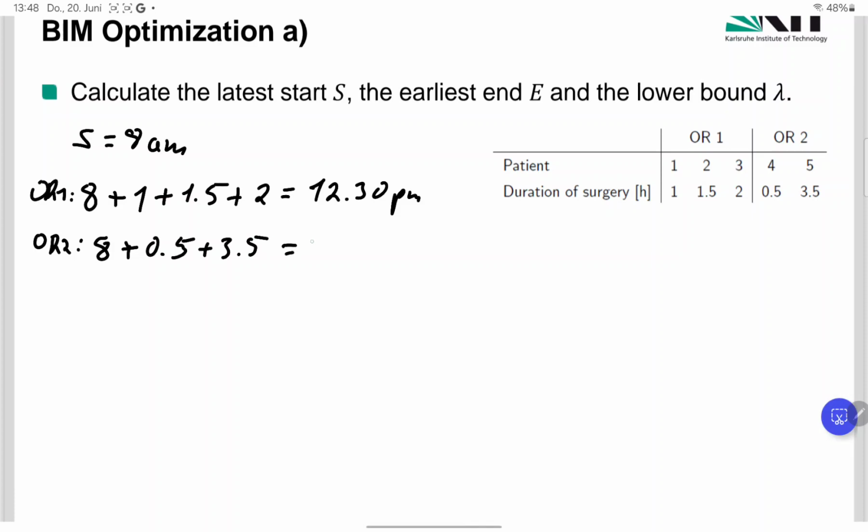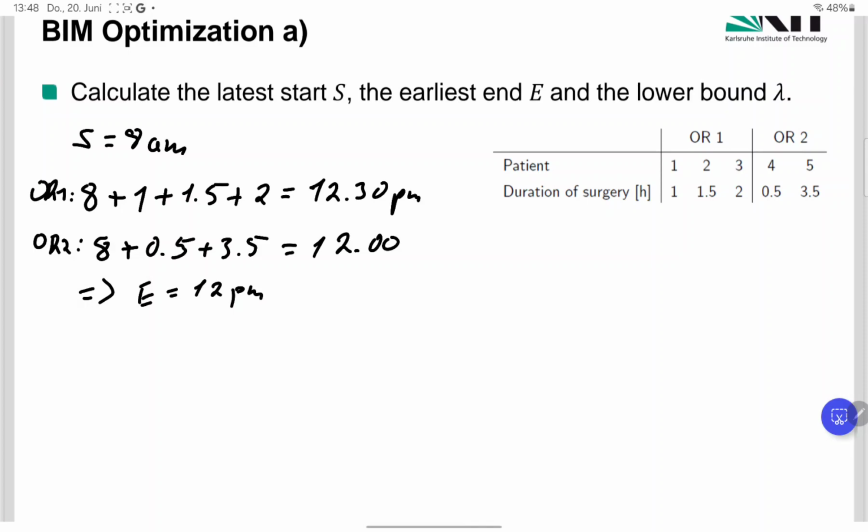So we finish in operating room 2 at 12 p.m. That means our earliest finishing time is at 12 p.m.